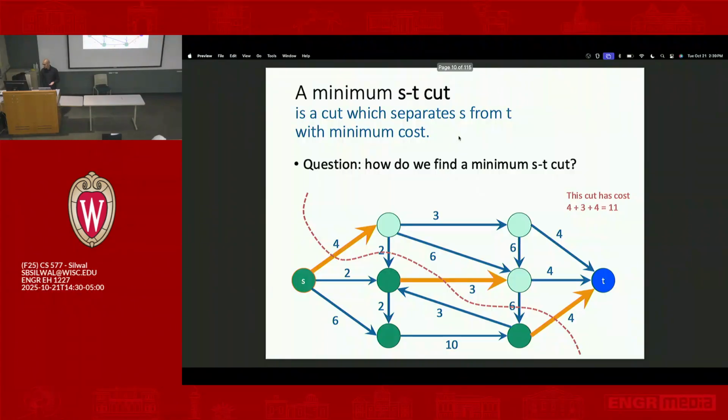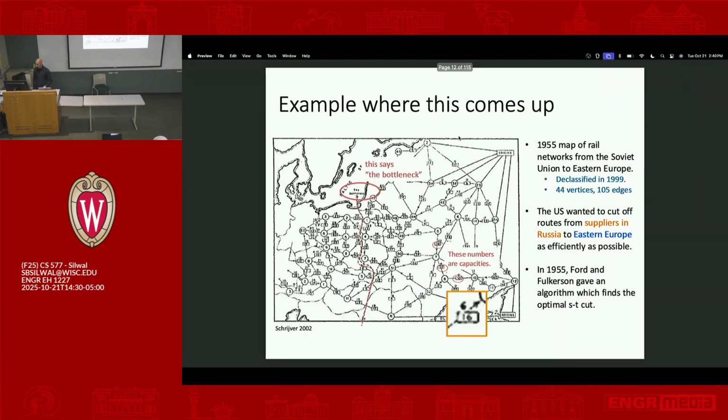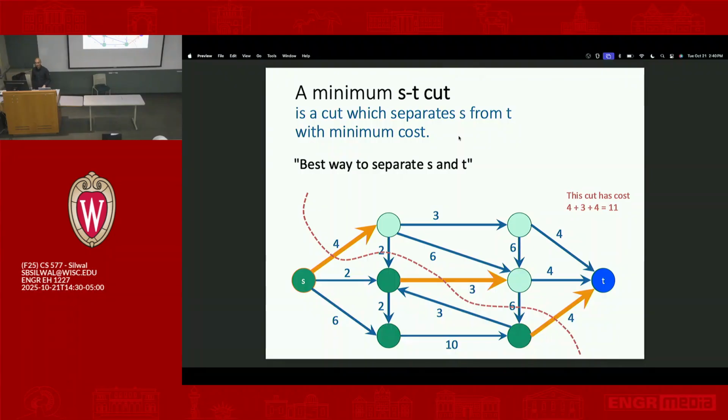We have the source, which has a bunch of stuff. We want to get it to the target, and the min ST cut says, what is the best way to separate S and T, measured by the cost of these connections. So that's one cool history. All right. Any questions about the min ST cut?